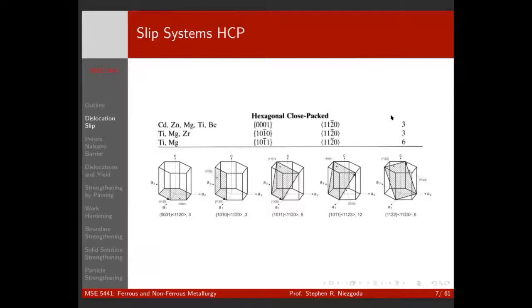I also have a much smaller number of systems, generally. When we get to magnesium and titanium, we'll talk more about this, because sometimes, for example, magnesium basal is very easy, but in titanium, basal is hard and prismatic is easy. And we'll talk about why that comes about.